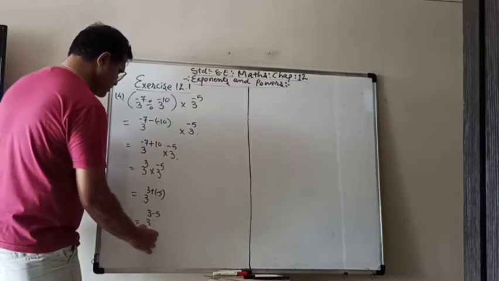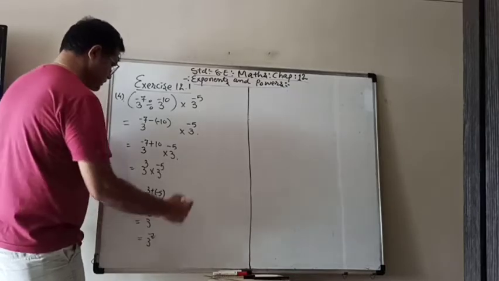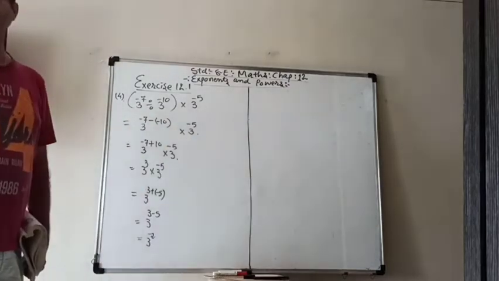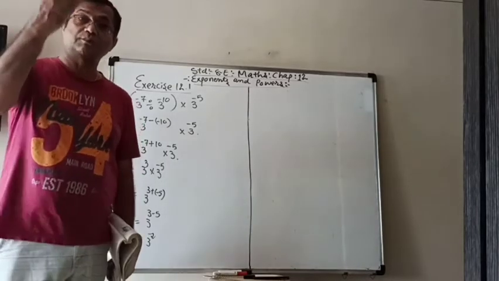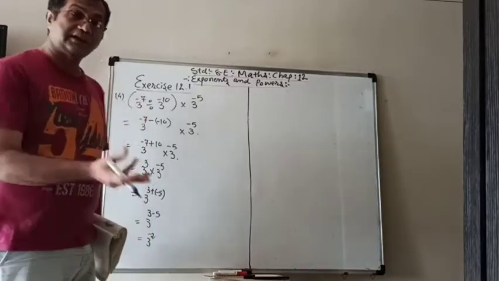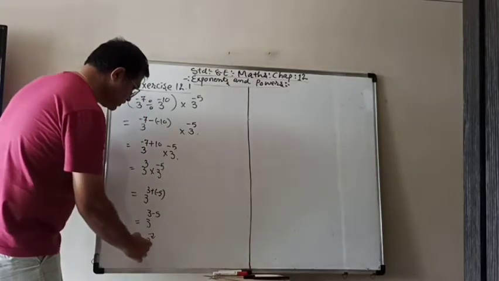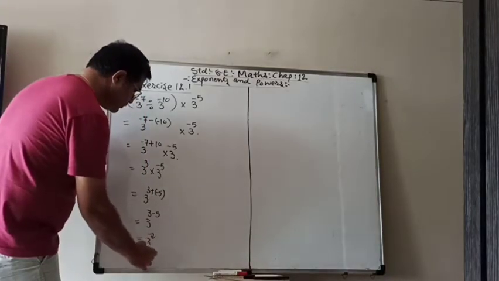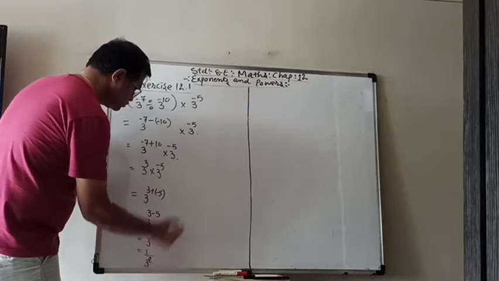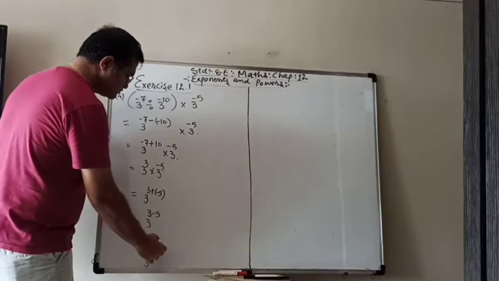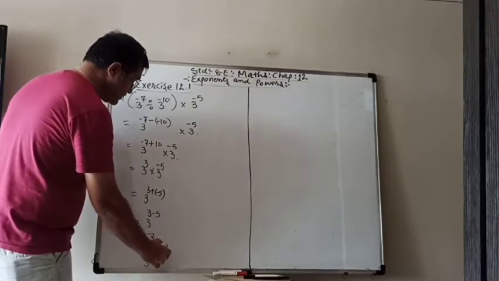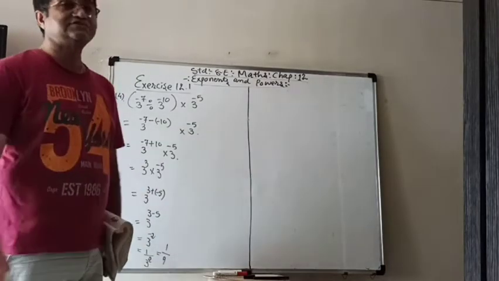Now 3 minus 5 is minus 2. But we need the answer with positive index, positive power. So we will take the reciprocal. So 1 upon 3 raised to 2. And if you have to find the answer, you can write down 1 upon 9 also. It's the same.